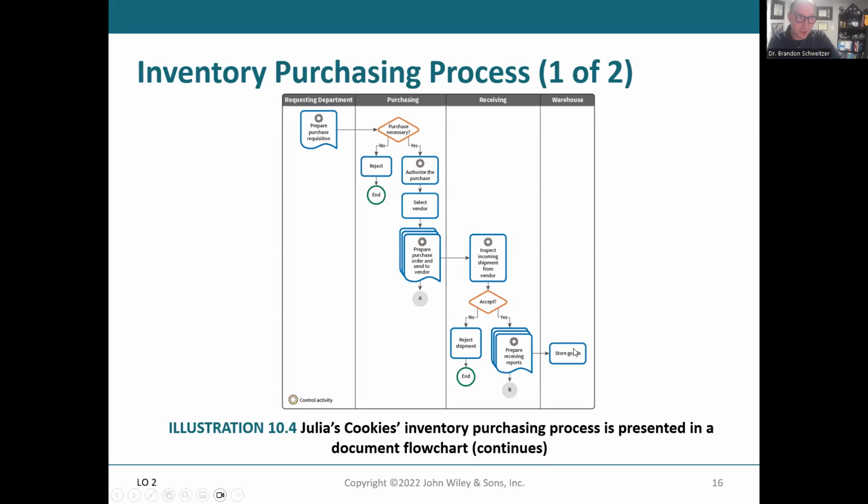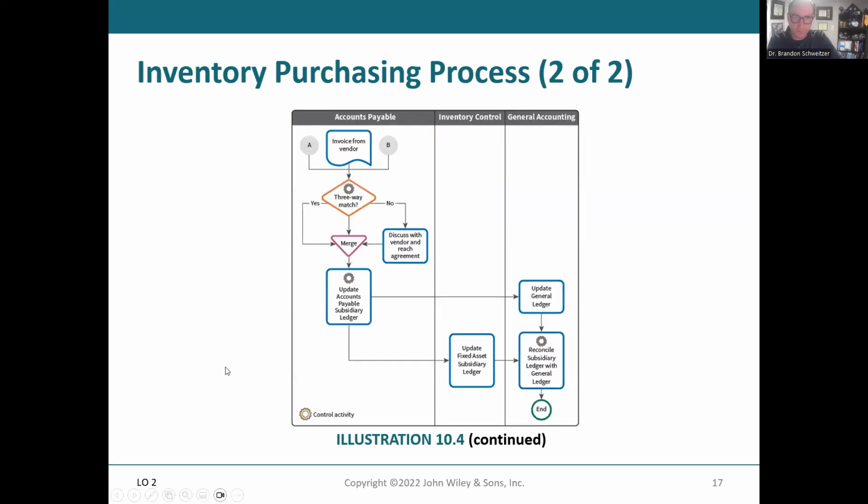So this is the first step, and then of course, once the goods are stored, it moves on. We receive the invoice from the vendor, and then we execute on that invoice. Oftentimes, we match it with our receiving report. It gets merged, and then we execute it to accounts payable.